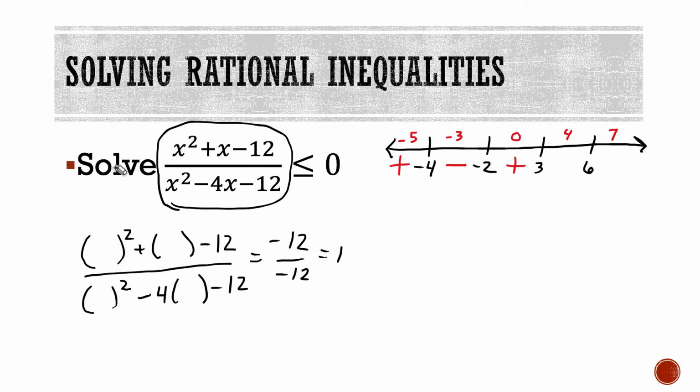The next test value that we're plugging in is going to be a +4. All right, so on that one, we'll get a +8 on the top. And a -12 on the bottom, which is going to give me a negative result.